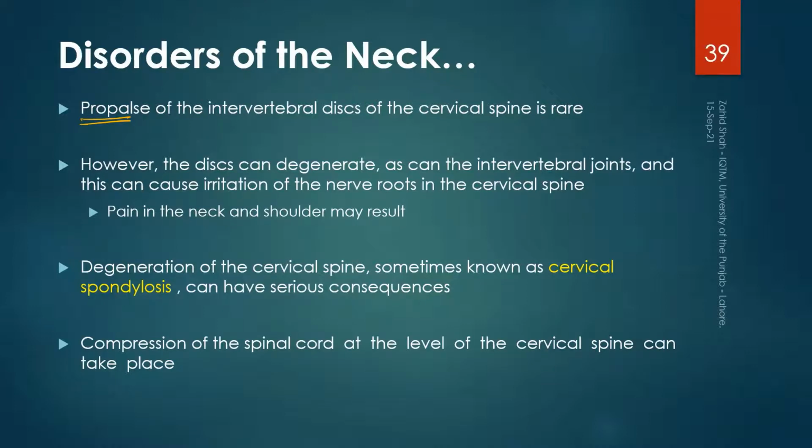However, the disc can degenerate, as can the intervertebral joints, and this can cause irritation of the nerve roots in the cervical spine. Pain in the neck and shoulder may result. Prolapse of the disc, that is breaking of the outer wall of the disc and leakage of the nucleus, which then pushes on the nerves, is more common in the lower back, but degeneration is relatively more common in the cervical part as well.